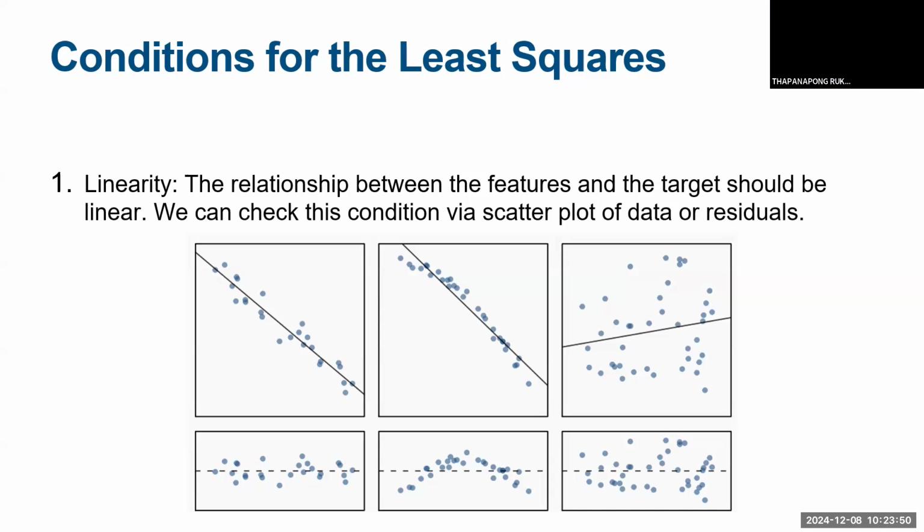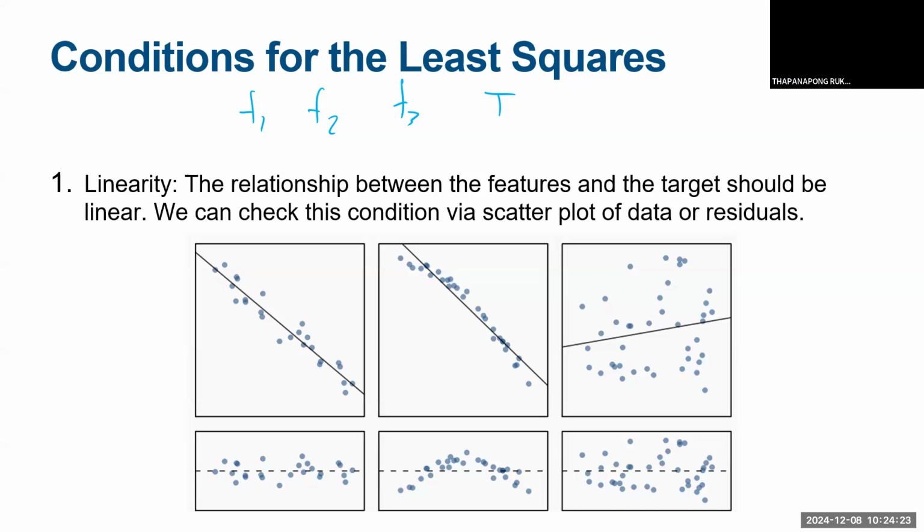It's not just for all the features together. Each individual feature has to have a linear relationship with the target. So we have like F1, F2, F3, and then we have the target T. When you plot F1 with T, F2 with T, F3 with T, each of the graphs that you plot should have a linear relationship.